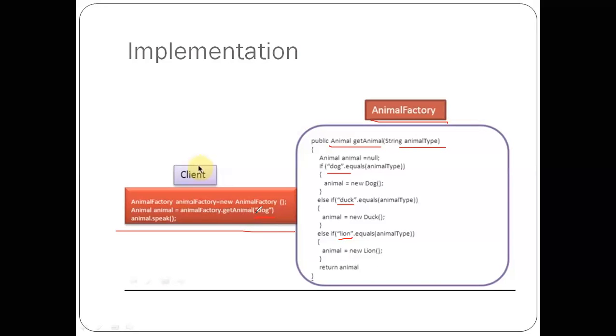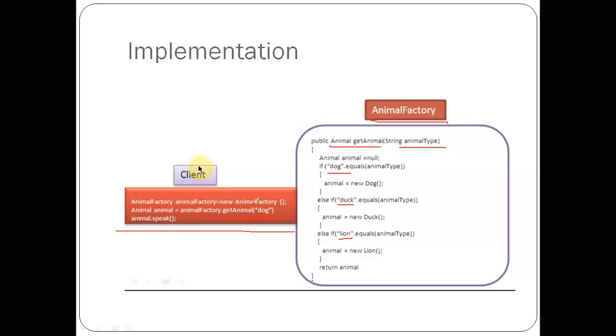This is the input given by the client: for which kind of animal he wants the speaking method, for dog or for lion. So he sent this dog input to the get animal method.